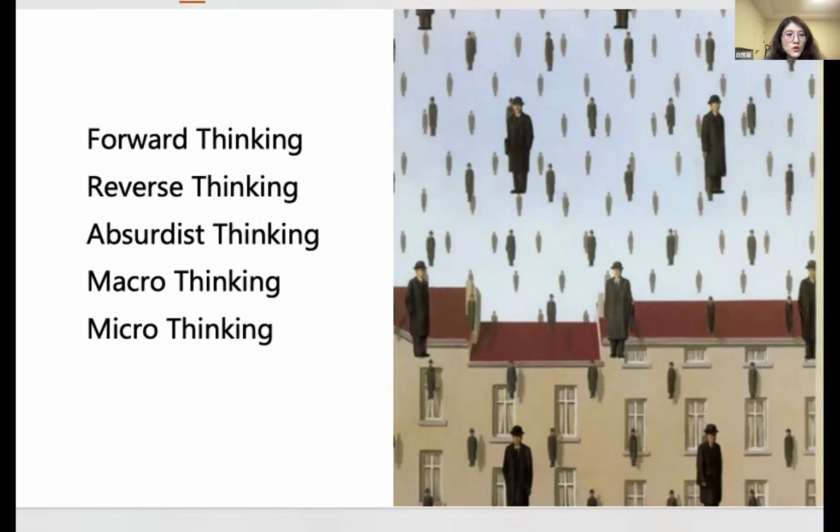If you want to go further, no problem. The forward thinking is what we commonly call logic thinking, maybe deductive reasoning. Yeah, just logic thinking. And reverse thinking and absurd thinking are a good couple.